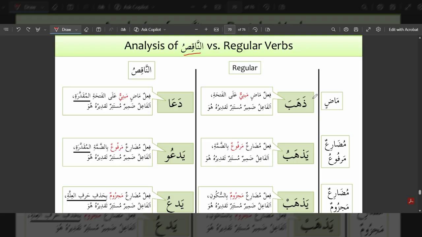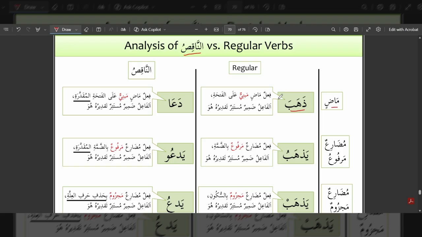So when we look at a madi, which is past tense, and when we take a regular verb like dhahaba, which means he went, we can see it's fi'alul madi, that is past tense, mabniyun ala fatha. That means it is indeclinable on the fatha. That means it will always remain with a fatha, no matter what comes before or after it.